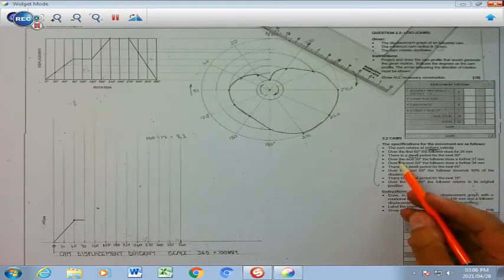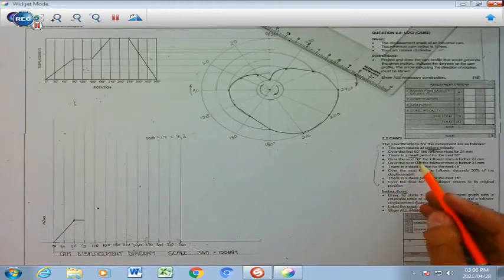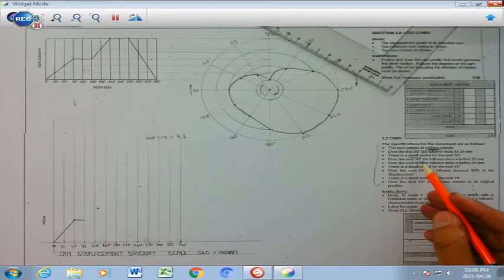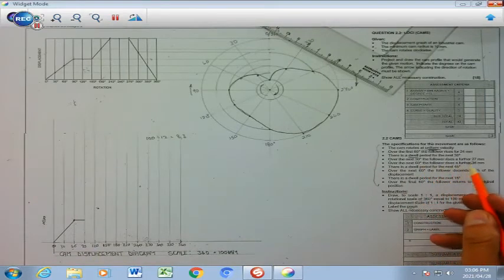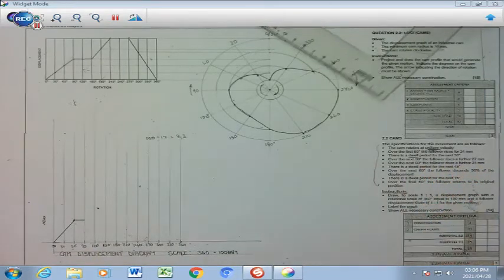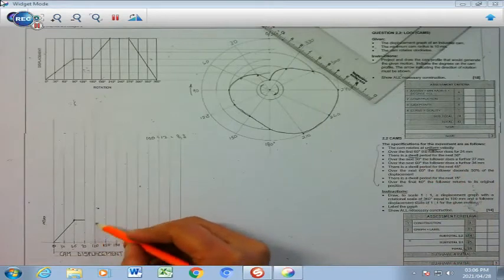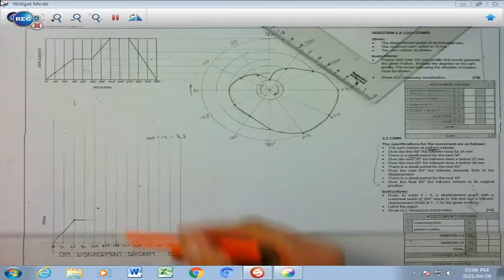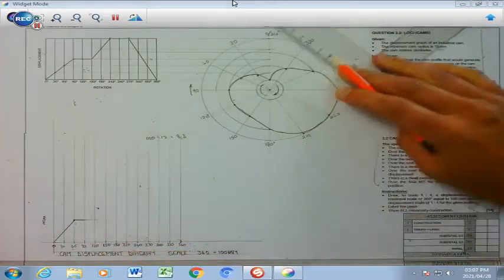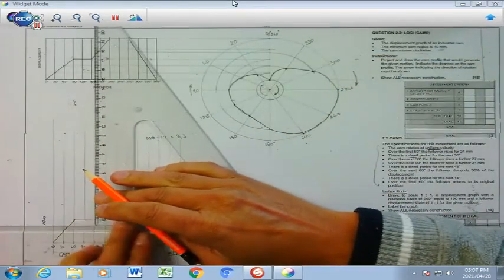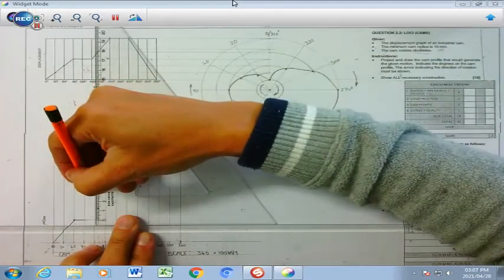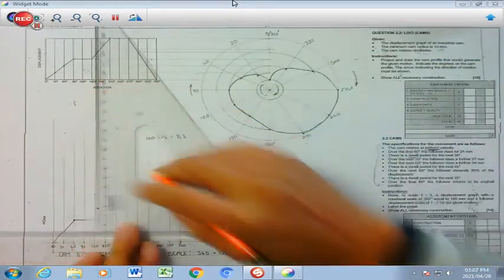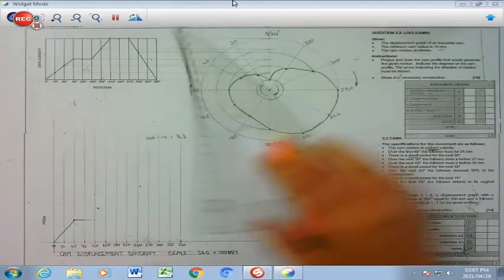Our next bullet says over the next 30, meaning from 90 to 120, the follower rises a further 27. So on this 120 line, I'm going to just briefly draw a faint line like that there, and I'm going to measure from 0 to 27 over there, and that would be on my 120 line.